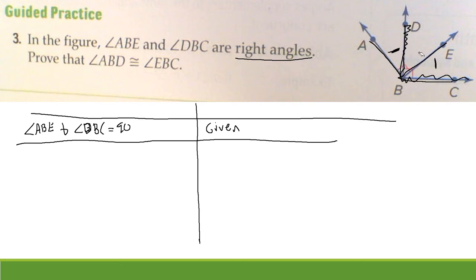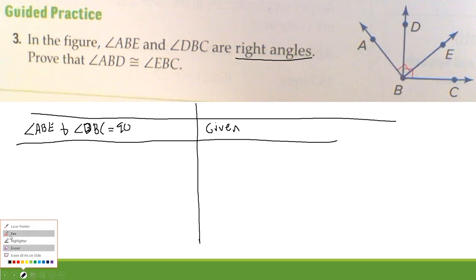So I can say that angle ABE is basically this angle plus this angle, right? That's what angle ABE is. This entire big angle here is ABD plus DBE.